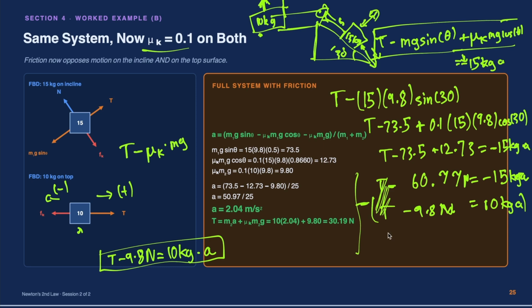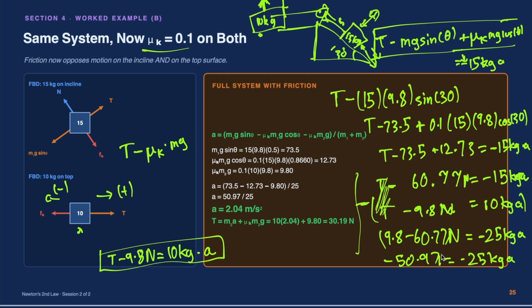So 9.8 minus 60.77 newtons, and newtons all around, is equal to negative 15 kg a minus 10 kg a, which is negative 25 kg a. And 9.8 minus 60.77 is equal to negative 50.97, right? And that's equal to negative 25 kg a.